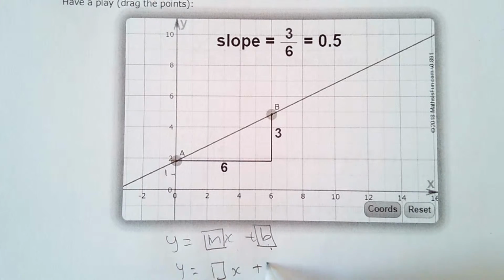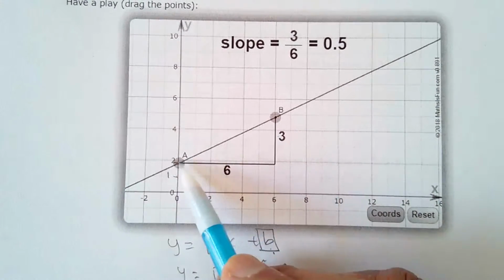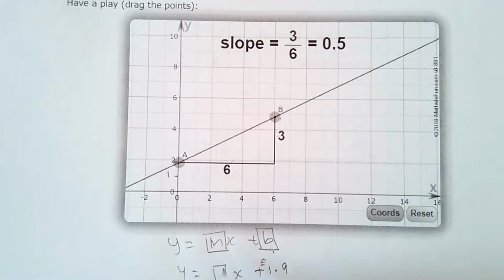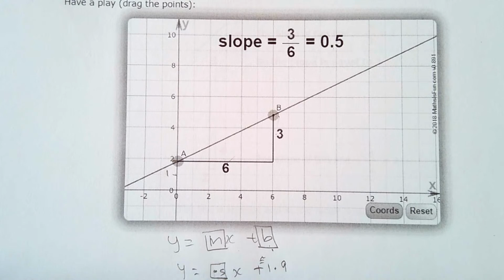It's around 1.9, I think. Yeah, 1.8 or 1.9 approximately. The slope now, we look here, is 3 over 6, which is 0.5. So y is equal to 0.5x plus 1.9.